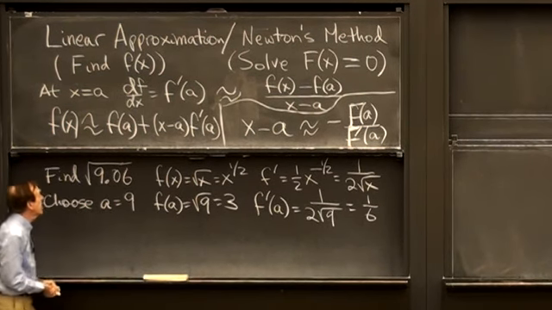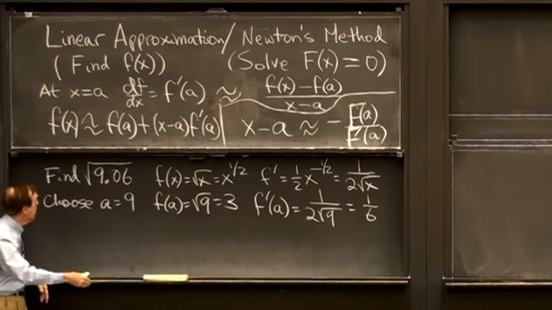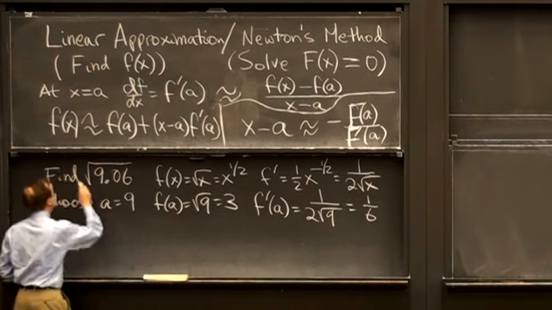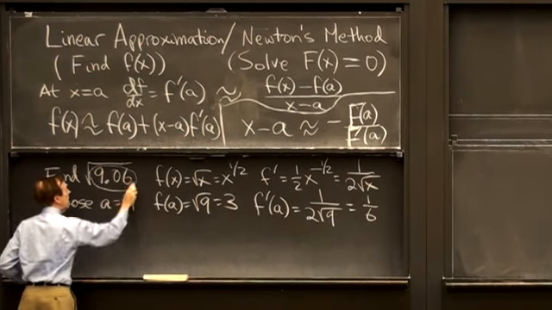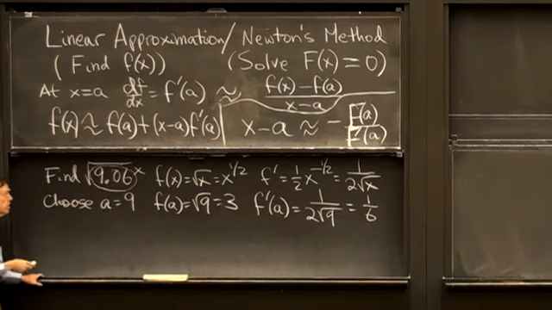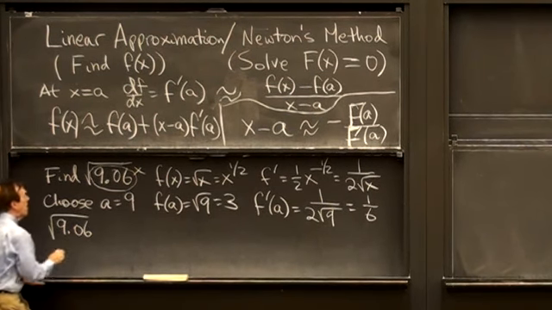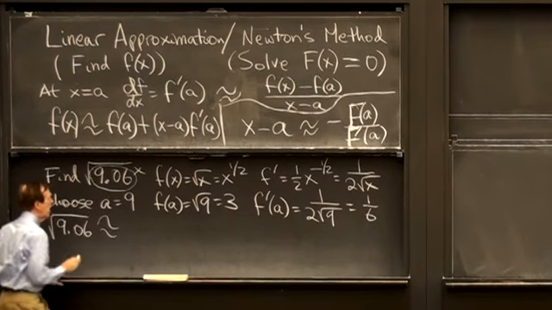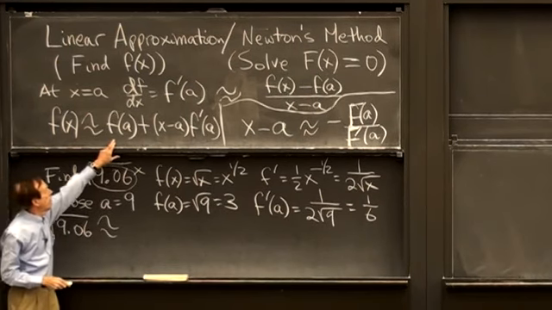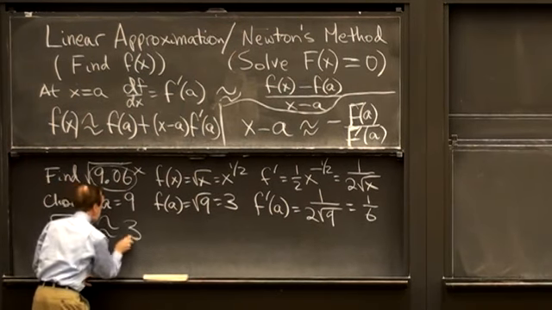Then what does my approximation say? It says that f at this nearby point, where x is 9.06, this is the x where I want to know this square root. So the square root of 9.06, that's my f of x, is approximately f at A, that's the square root of 9, that's the 3.